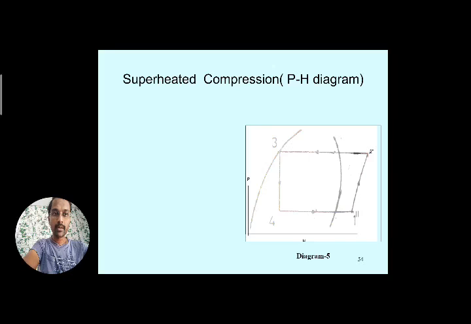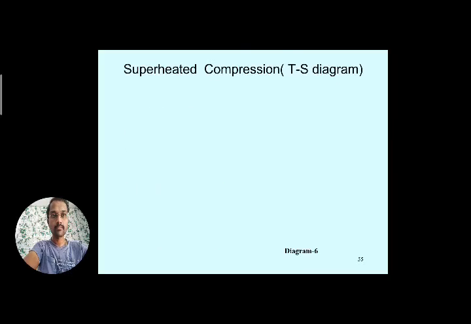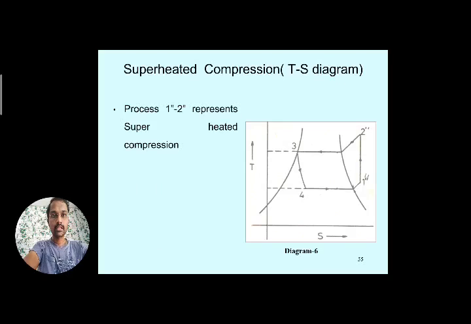The entry of the compressor is superheated vapor. And at the end, after compression, it also remains in the superheated vapor stage. So this is the diagram for when the refrigerant enters in superheated form.